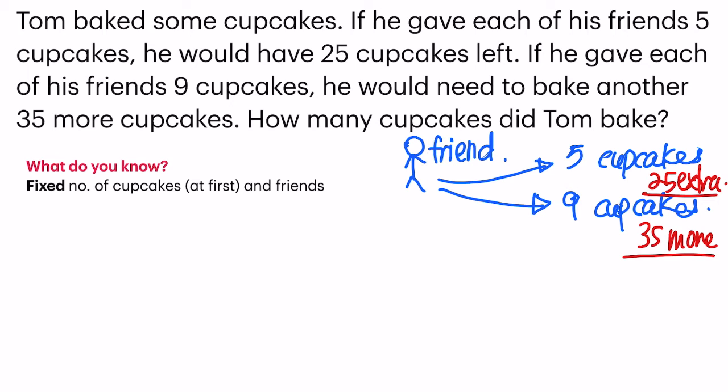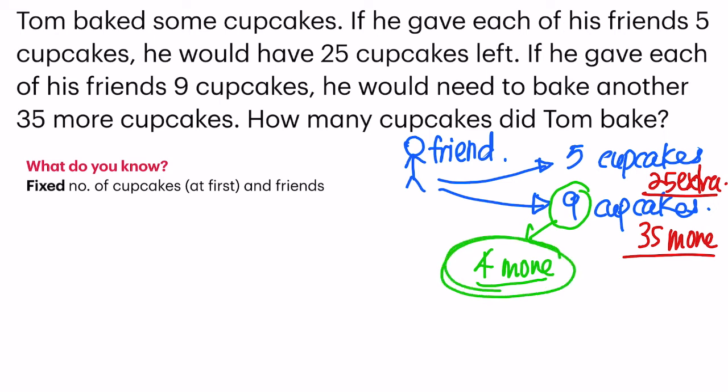And now, let's compare the difference. In the second scenario, since Tom has to give 4 more cupcakes to each of his friends, he will need 35 more. Correct? And where did that 4 more that he gives to each of his friends come from?